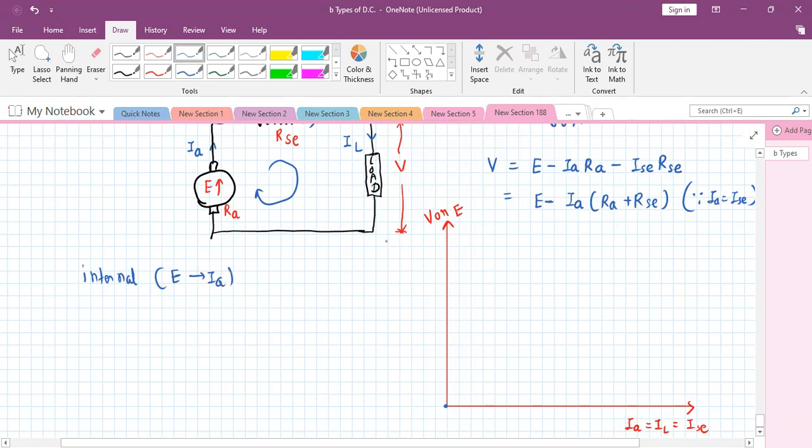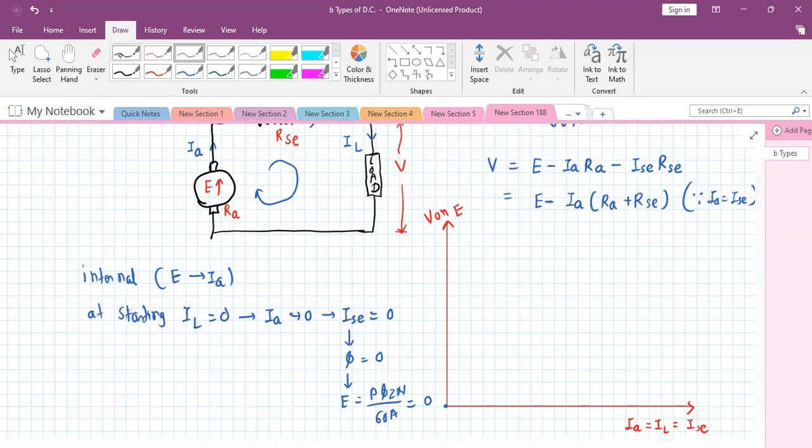Now consider the starting point here. At the start, IL is zero, hence your IA is zero, and so your ISC is also zero. If ISC is zero, the flux is zero. Yes or no? And if the flux is zero, EMF PφZN upon 60A is also zero, because the numerator is zero, so E will be zero. So the starting point of this characteristic is here.